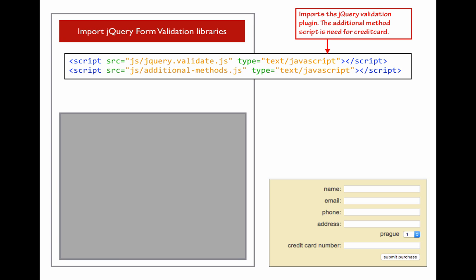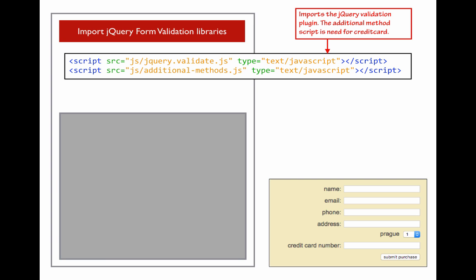Before these imports will work, we have to download the files from the jQuery form validation plugin website and put them in a JS folder inside of our web directory. Of course, the form validation plugin cannot exist without jQuery itself, so we need to import this also.